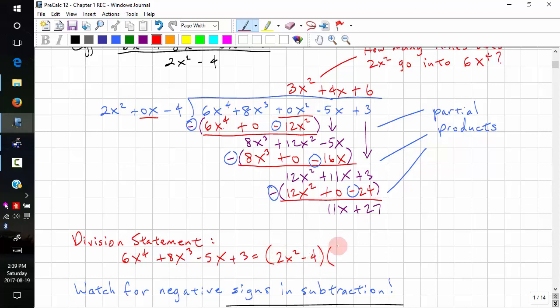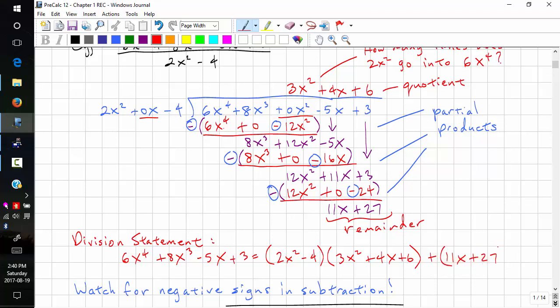Multiply that by the quotient, three x squared plus 4x plus 6, and plus our remainder, 11x plus 27.